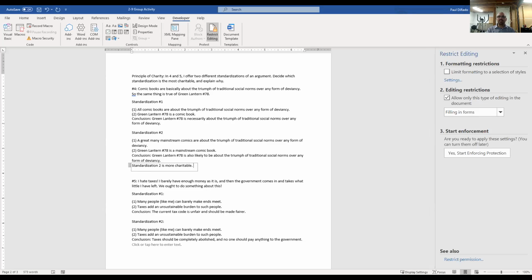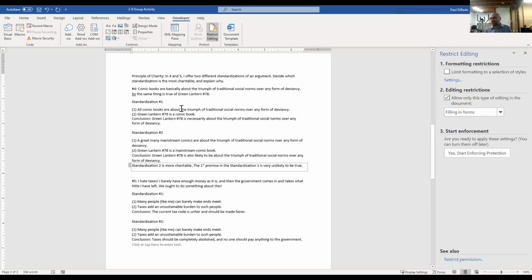Why? Because premise 1 in the first standardization is very unlikely to be true. If we took this first premise seriously, we could prove it false if we could find a single counterexample, one single comic book that wasn't about this.